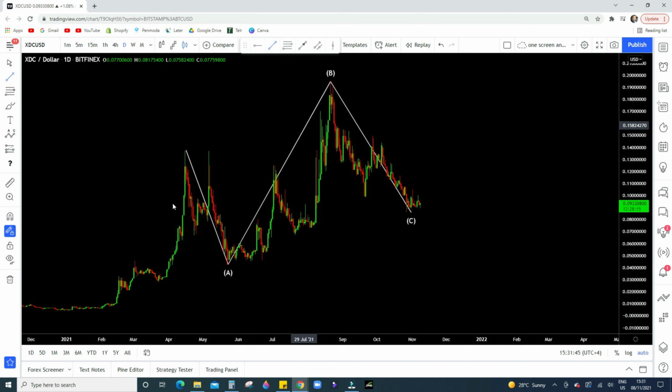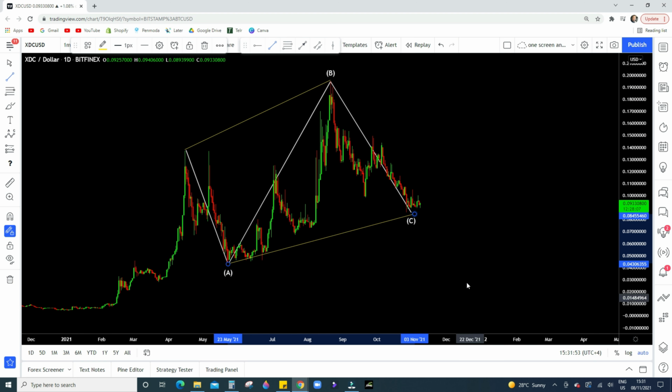So these three waves together formed what we call a running flat pattern that's in between these two lines. So this overall pattern is the correction of XDC as we have it at this point. And these three waves are considered as a single corrective pattern, or as a single wave of the bigger structure that we're going to look at next.